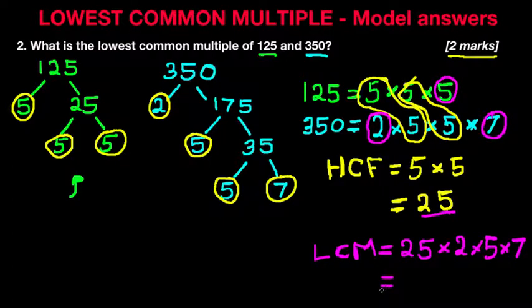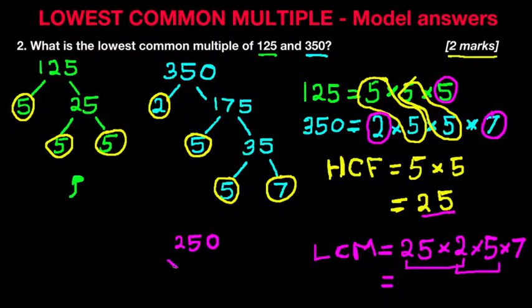So let's work this out. 25 times 2, and we can do some workings out here. So we've got 25 times 2 is 50. 50 times 5 is 250. So we can even make a note of that here. 250.